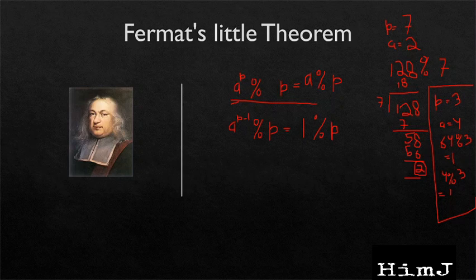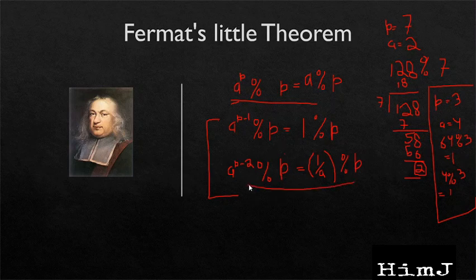Suppose we divide by a again on both sides inside the modulo operator, we will get something like this. Now these two modifications of Fermat's Little theorem are extensively used in CP, and this one is used very often.